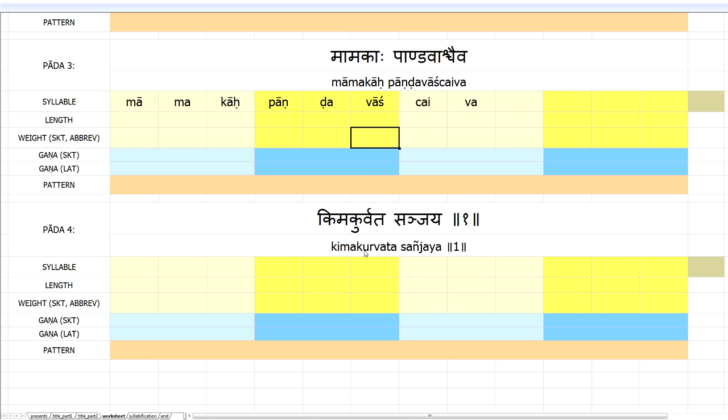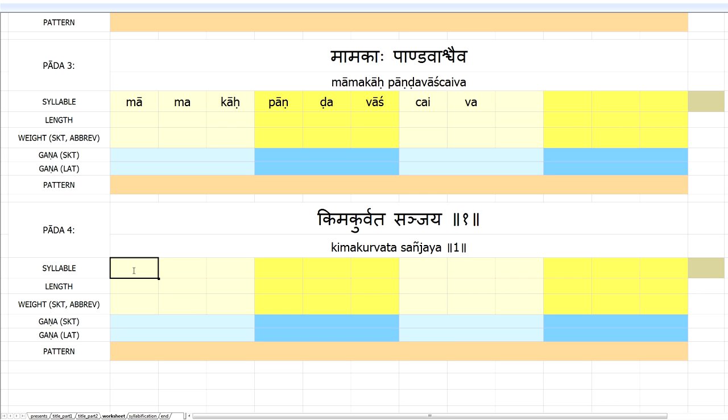All right, and then we have the last pada, kim akurvata sanjaya. And here we have ki, because the single m goes together with the short a. And the single ka sound goes to u.